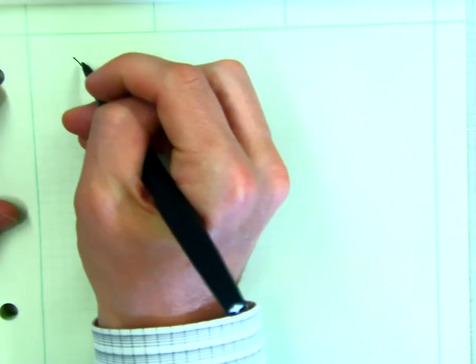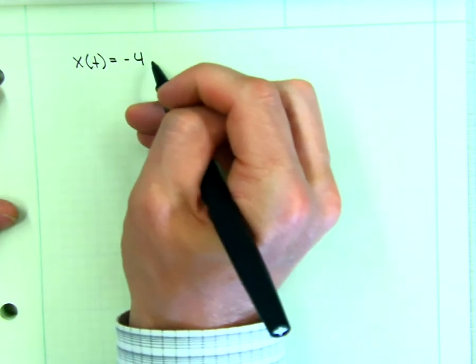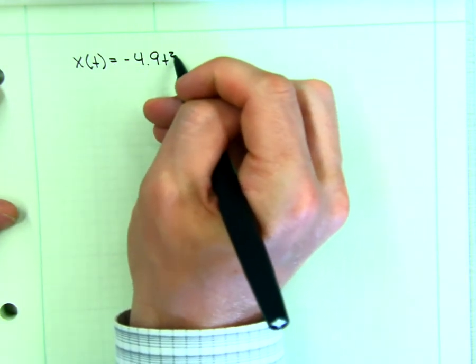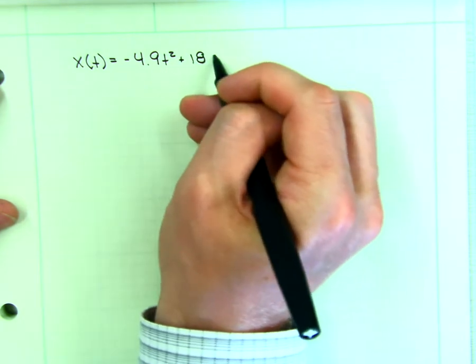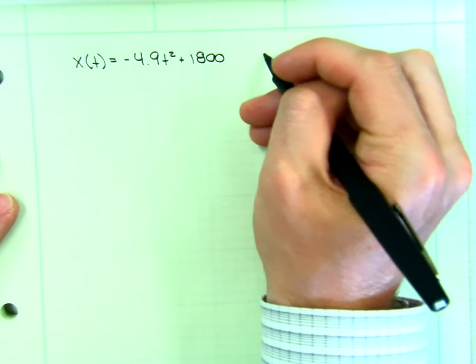So taking this equation that I had, I can use this equation to solve for all sorts of great information. I'm just going to rewrite it here. And I'm trying to figure out how long before it hits the bottom.